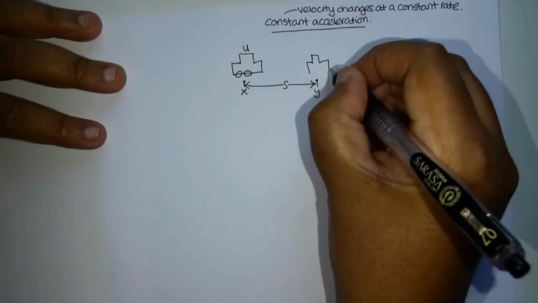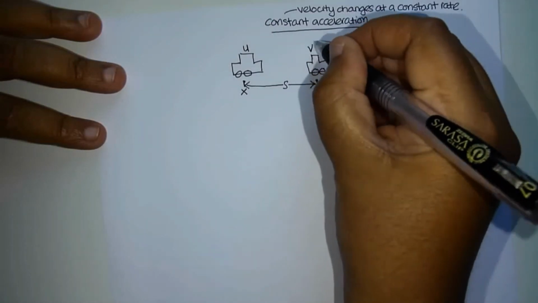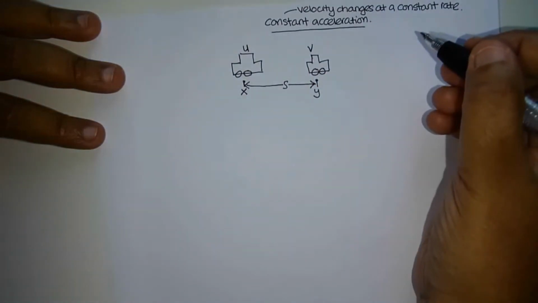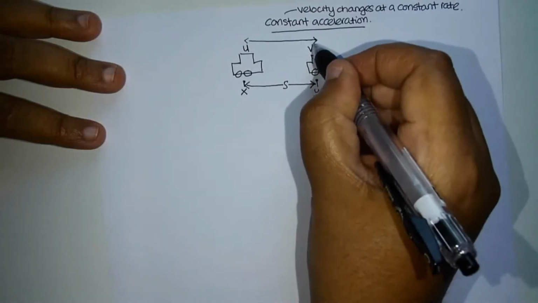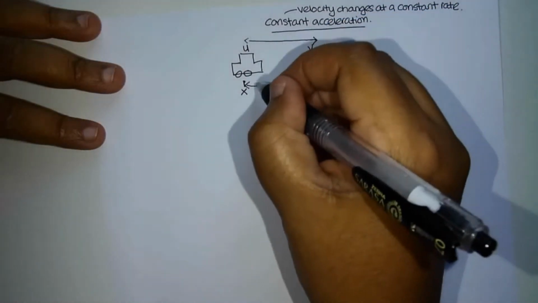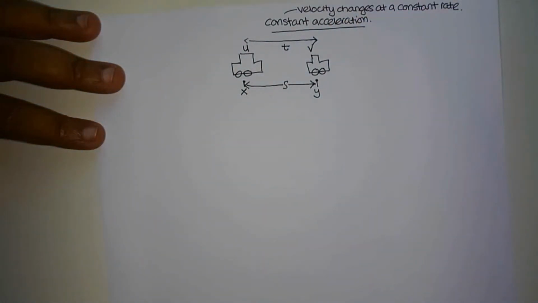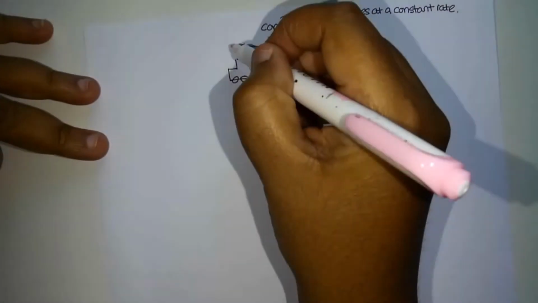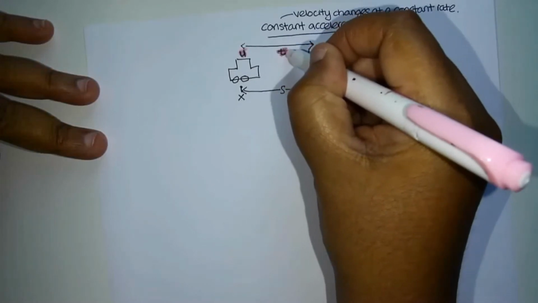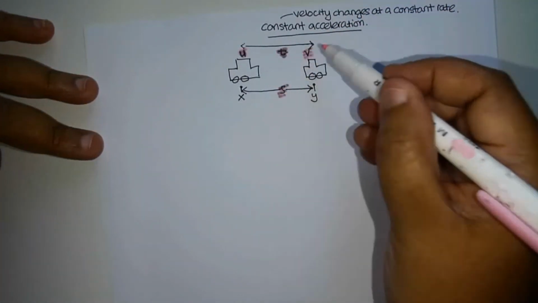At point y the final velocity is v, and the time taken from point x to point y is t. So there are 4 quantities that can be seen here: u, t, s, and v.